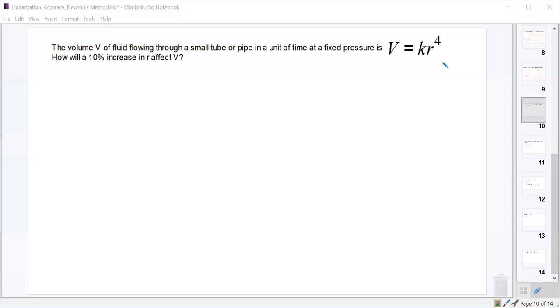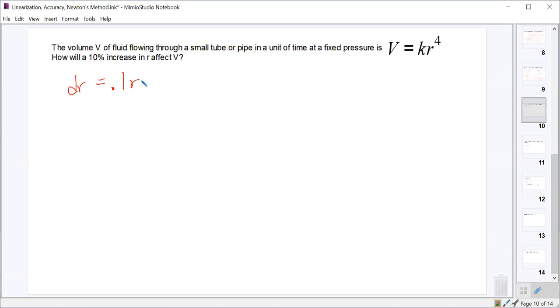All right, so we're looking at a 10% increase in R and how that affects the volume, right? So what does a 10% increase in R look like just in terms of dr? dr ought to be a change by 0.1 of R. Is that what you guys used for your dr value?